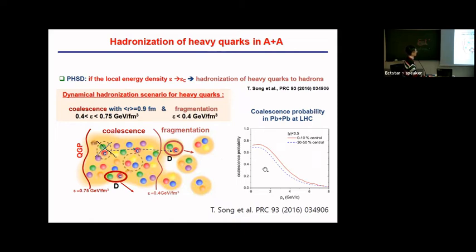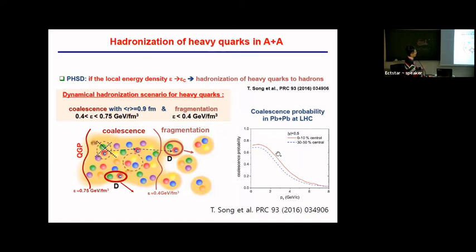And this right figure is the total coalescence probability of charm in gold-gold collisions at RHIC energy as a function of transverse momentum. This probability is large at low transverse momentum, but it decreases with increasing momentum, because if charm is very fast, then it's harder to find the coalescence partner in momentum space. An interesting point is that it depends on centrality.